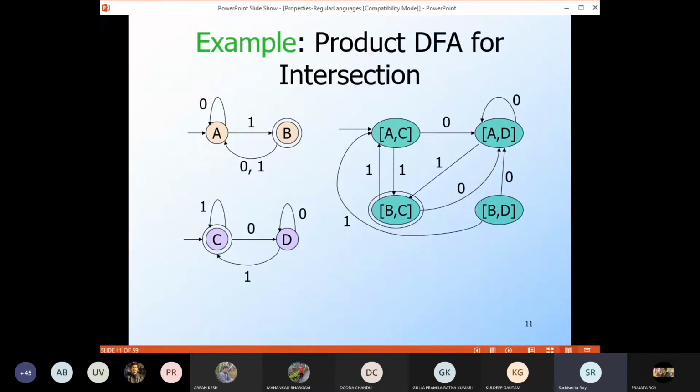So you have here two automatons. One on top with states A and B, and the second one here with states C and D. For the first one, the final state is B, and for the second one, the final state is C. What kind of strings do you think are accepted by the FA on top? This DFA with A and B as states, what kind of strings does it accept?